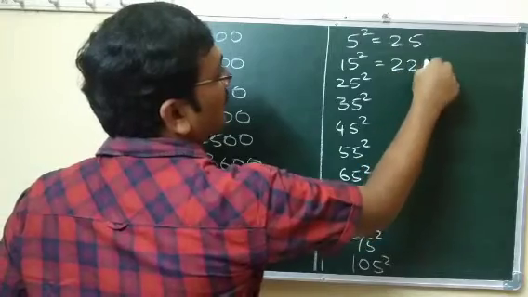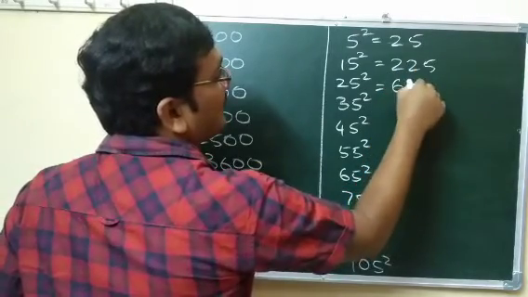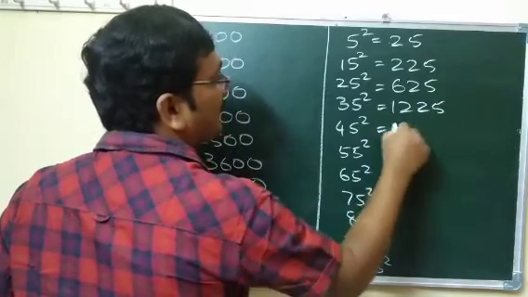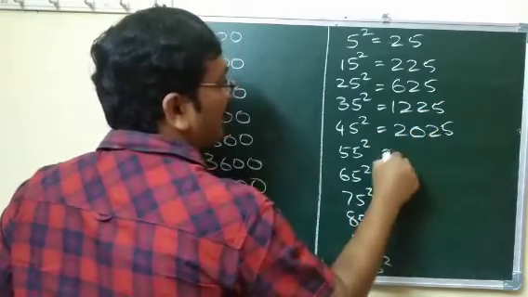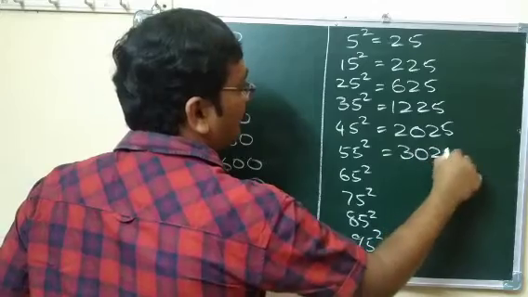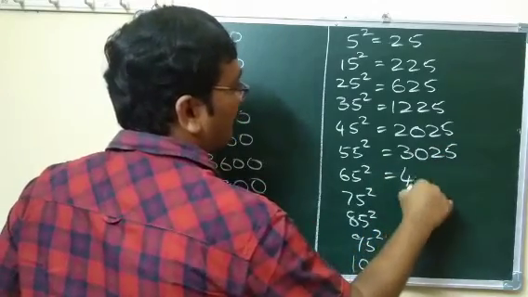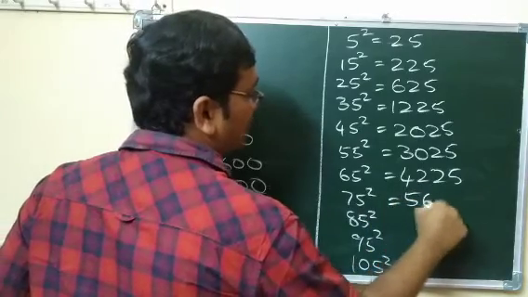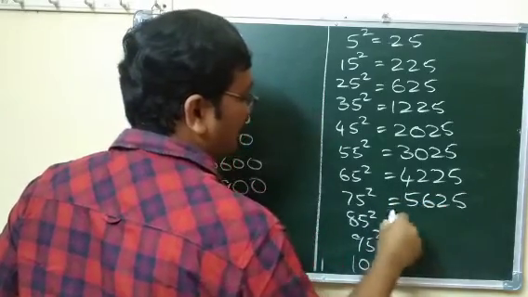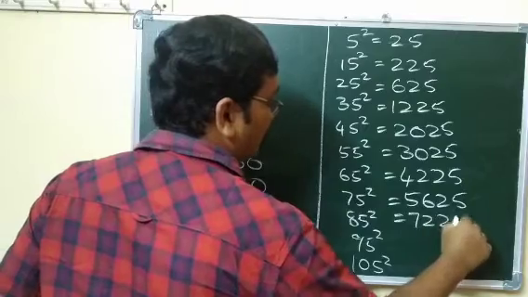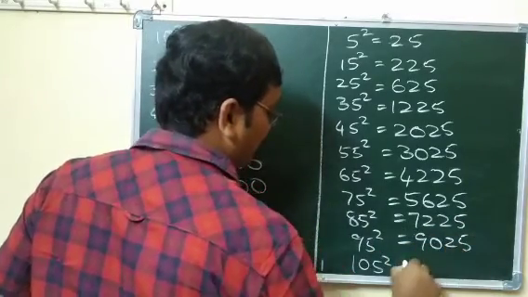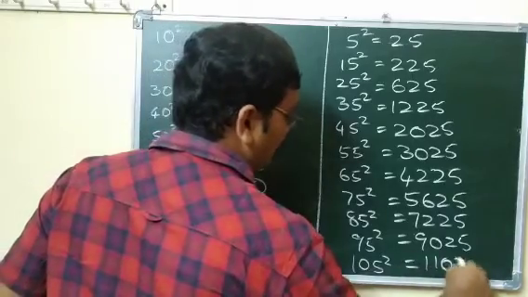Okay, see 225, here the 625, here the 1225, next one is 2025, next one is 3025, next one is 4225, next one is 5625, next one is 7225, next one is 9025, next one is 11025.